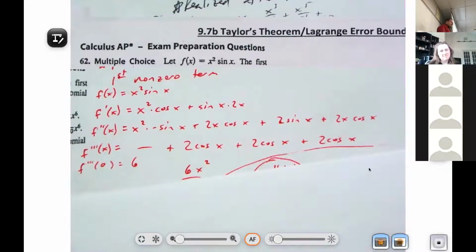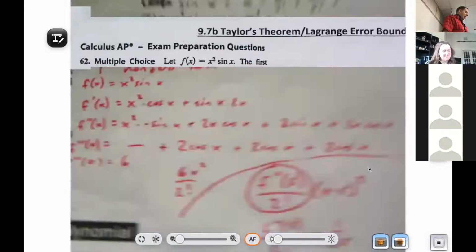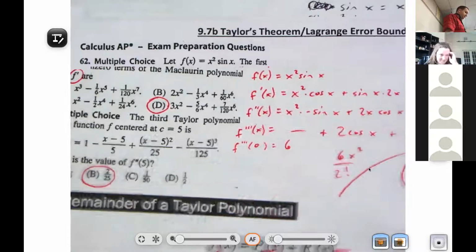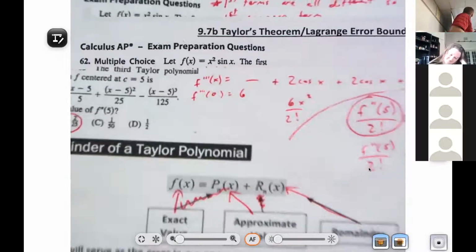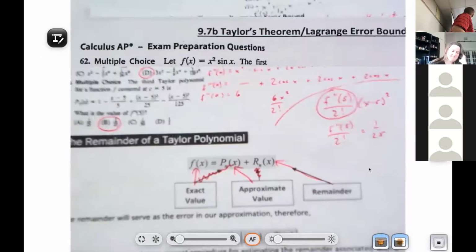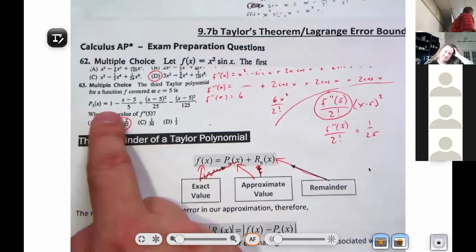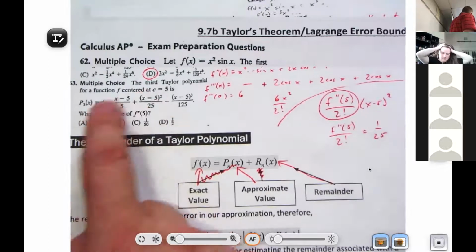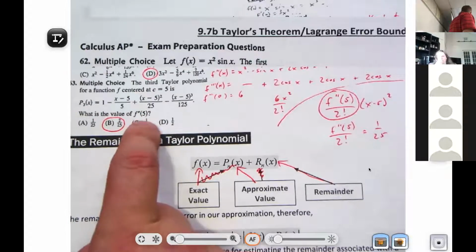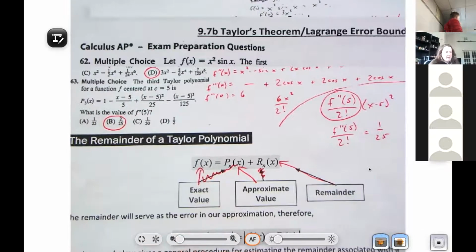Okay. The second very common question that gets asked is the second one here. This is a very common question where they give you some sort of polynomial, some sort of Taylor polynomial, and they ask about the derivative of that function. So in this case, they're asking what f double prime of 5 is. Very common question. So here's what we know based on last class.